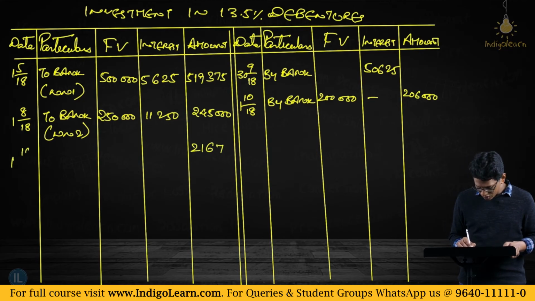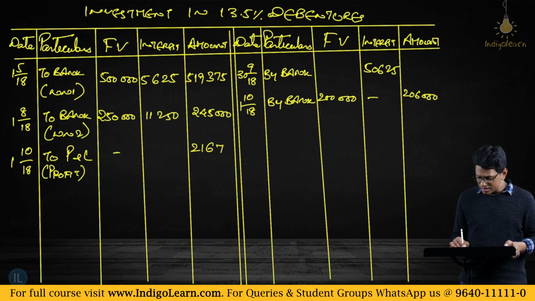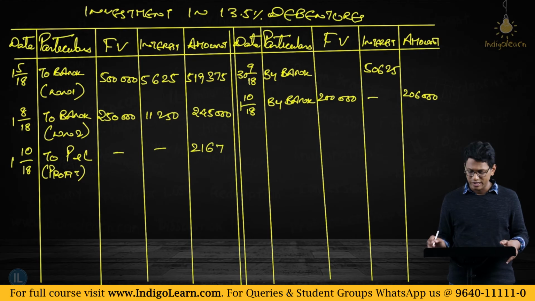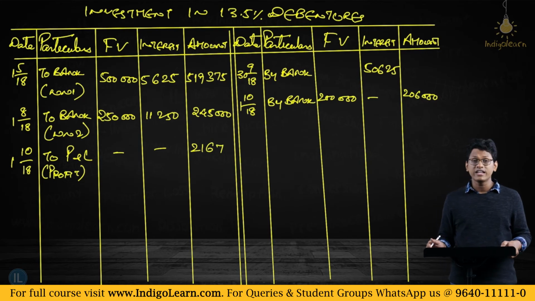So on 1st of October, I will write to P&L, basically profit. There is nothing in the interest column or face value column because you are just reflecting the profit portion here.